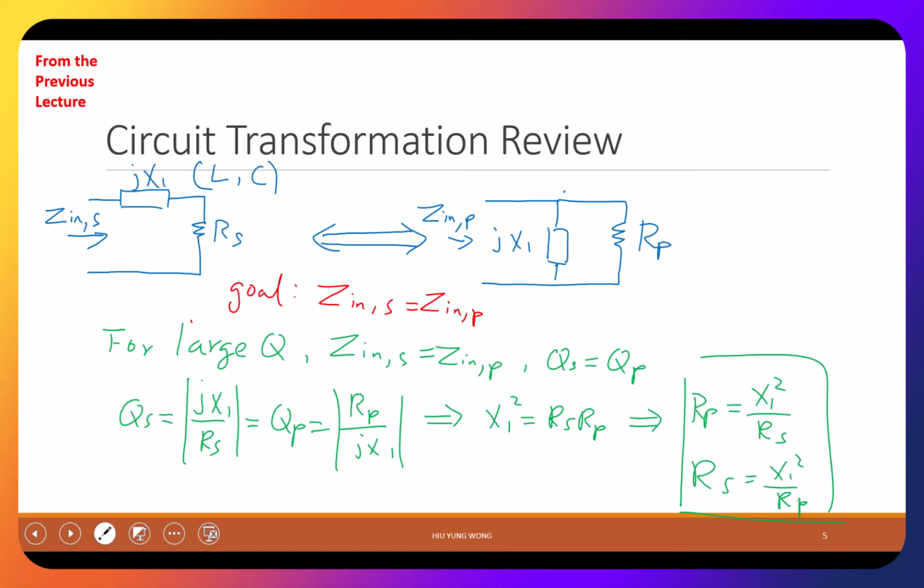These are some good equations, but it will be good to understand that if I have a reactive component jX1, which can be an inductor or a capacitor, in series with a resistor, it's equivalent to having it in parallel if I change my Rp to this value, X1 squared divided by Rs, or X1 squared divided by Rp. Then they will be equivalent if you relate these two together.